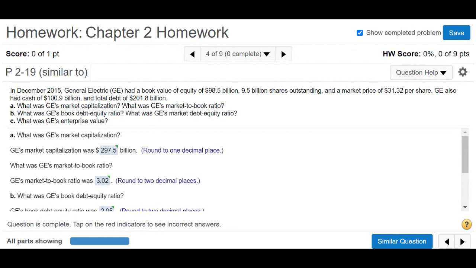So it's 9.5 times 31.32, the outstanding shares. 9.5 times 31.32. That's going to give you 297.5.